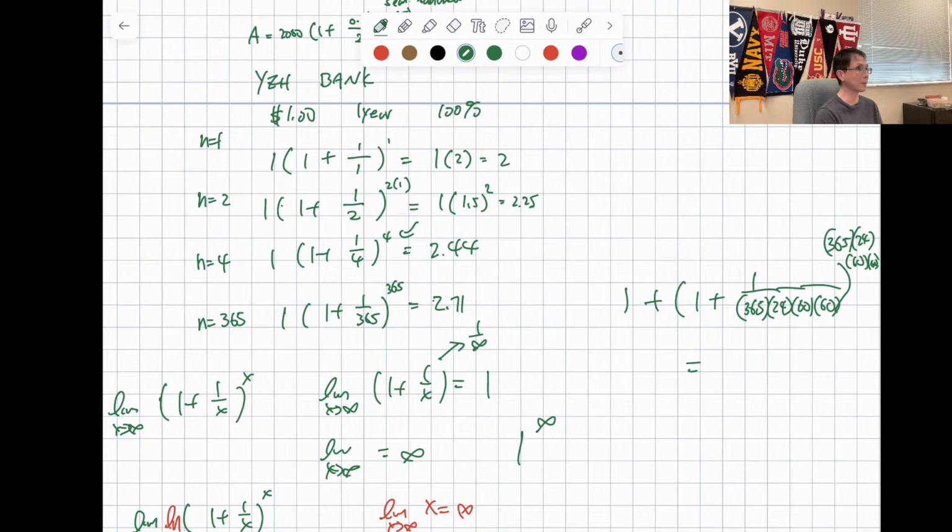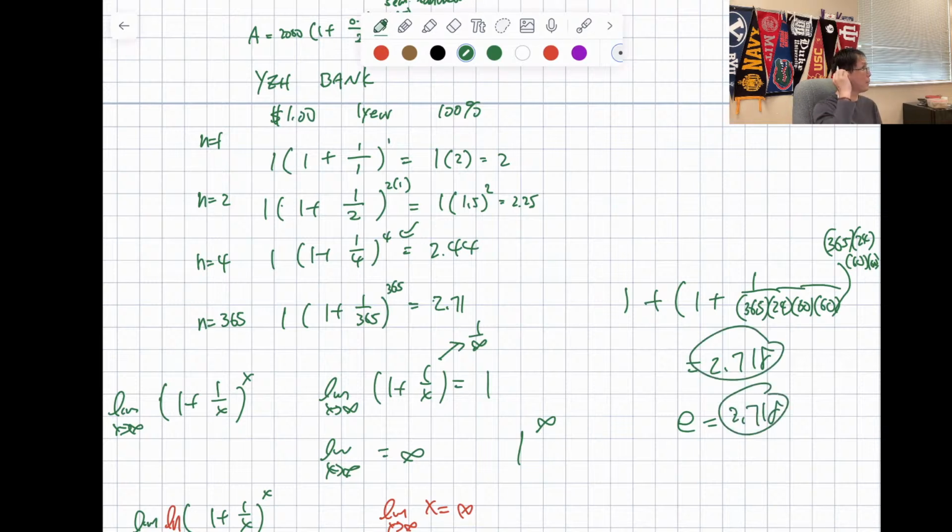Using decimals is probably faster. 2.7, give me like 3 decimal places. And type in the value of E. Just type in E in decimals. 2.718. So this is a natural number.